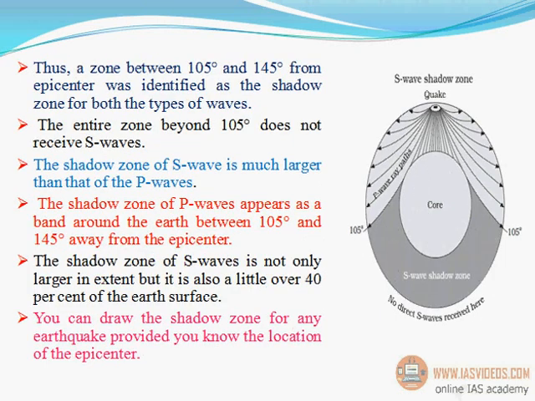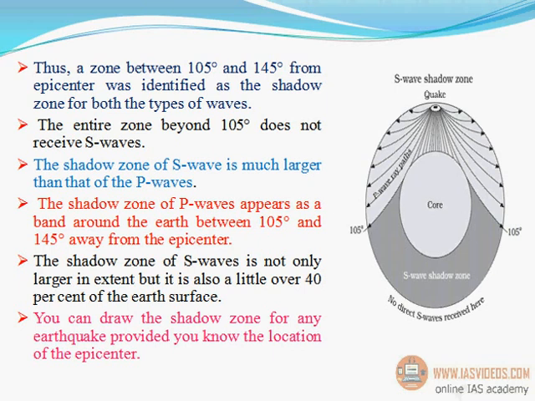Thus, a zone between 105 degrees and 145 degrees from the epicenter was identified as the shadow zone for both types of waves. The entire zone beyond 105 degrees does not receive S waves. The shadow zone of S waves is much larger than that of the P waves.